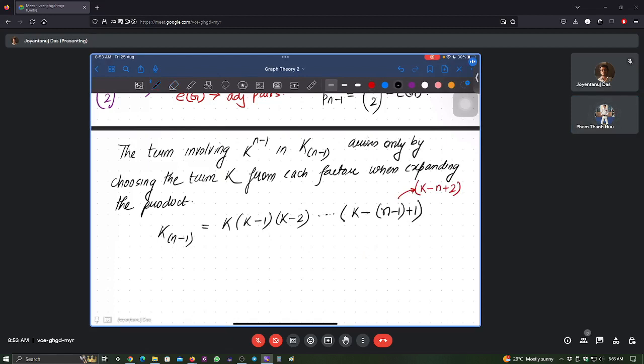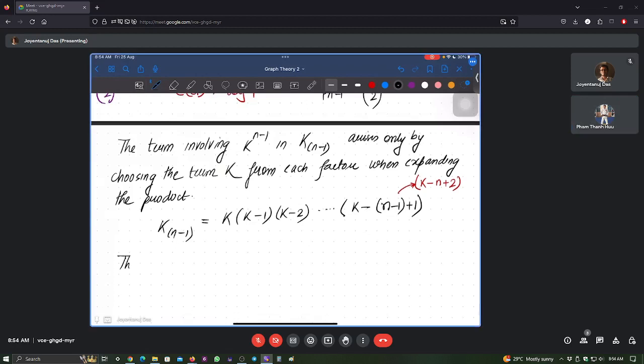Here there are n minus one terms, right? The only way I can get k power n minus one is by choosing this k from each of the terms. So the coefficient of k power n minus one is 1.